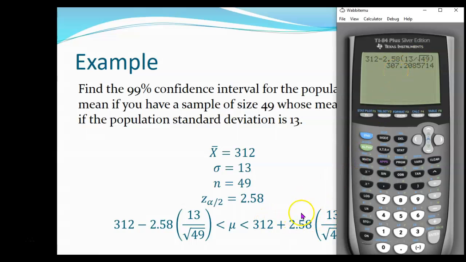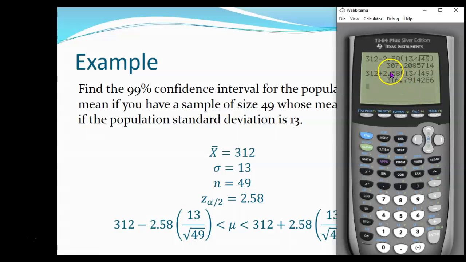Now the other half of the formula is exactly the same, but with a plus instead of a minus. So if you have the kind of calculator that lets you move up and edit your entry, all we have to do is change that minus to a plus. And this time it's 316.79 something.